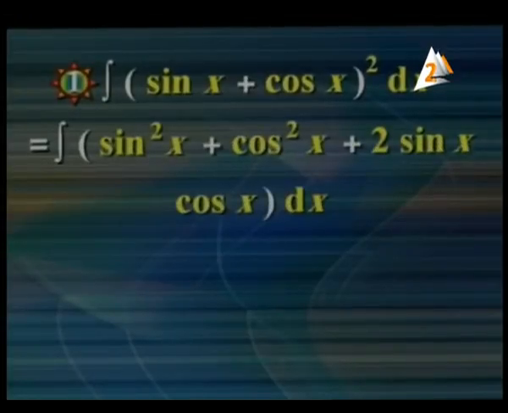Look at the solution. Number 1, remember, dear student, we have the integration of a bracket to the power 2, sine x plus cosine x all to the power 2. We expand this bracket power 2 as first power 2 plus second power 2 plus first times second times 2.